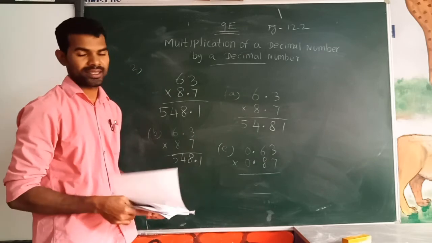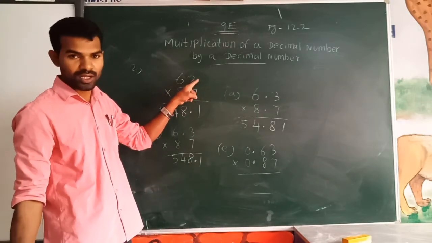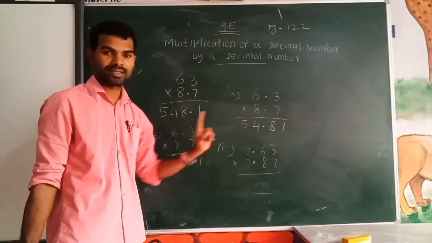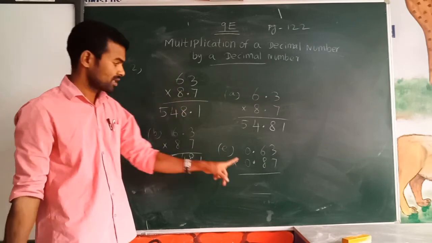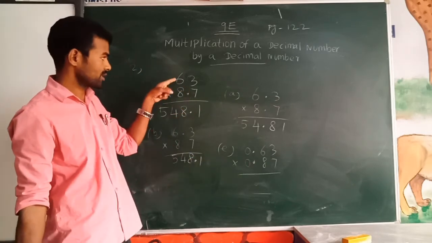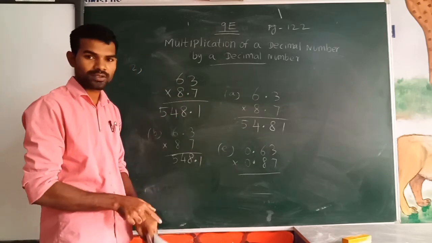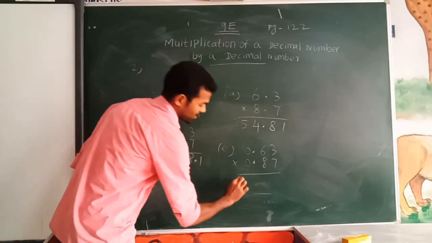Yes, here nothing is changed. The decimal point goes to the left side, 0.63, and again in this one the decimal point goes to the left side, 0.87. You can see 63, 87 is coming again. So the answer also will follow the same number only: 5481.